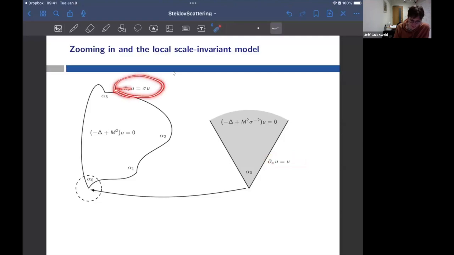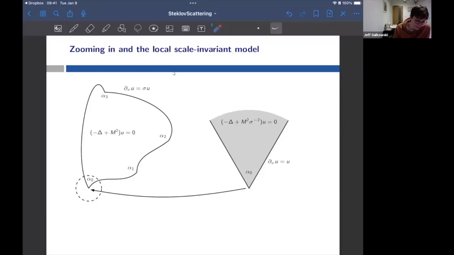So I scale by sigma, which means I still have a Steklov problem, but now with energy 1. You'll notice that the mass rescales like that, and that's going to be important later. In particular, if you want to study high energy things, you must study small mass. You cannot avoid that.